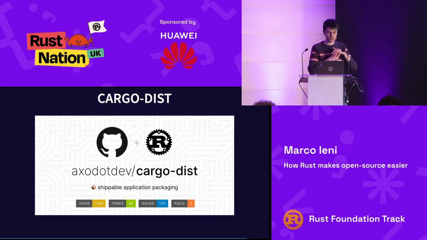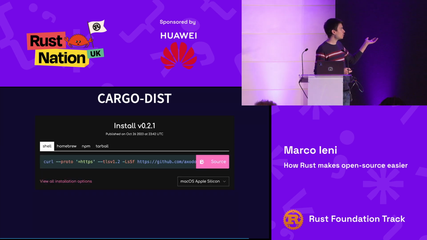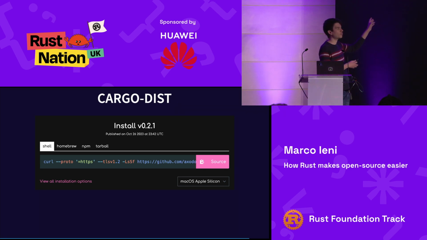It's called cargo-dist, and what it does is it populates the CI of your project with a long YAML file that will publish your binary, again, as we saw, in your GitHub releases, but it will also produce installation scripts like this one that you can copy paste to your terminal, and it can also generate a website like this where users can select their operating system and architecture. They can select how they want to install it, for example Homebrew, NPM, anything.